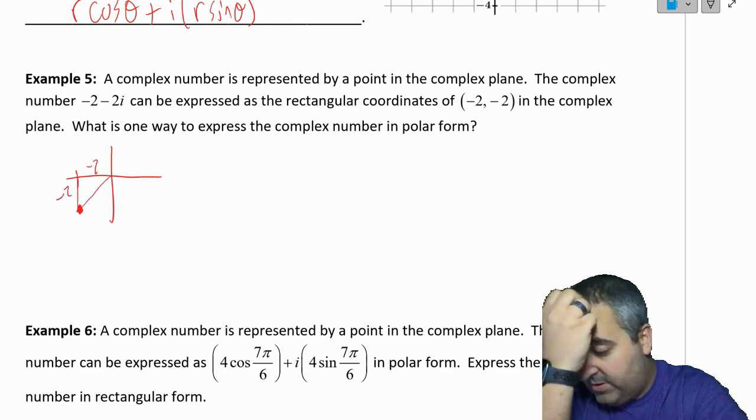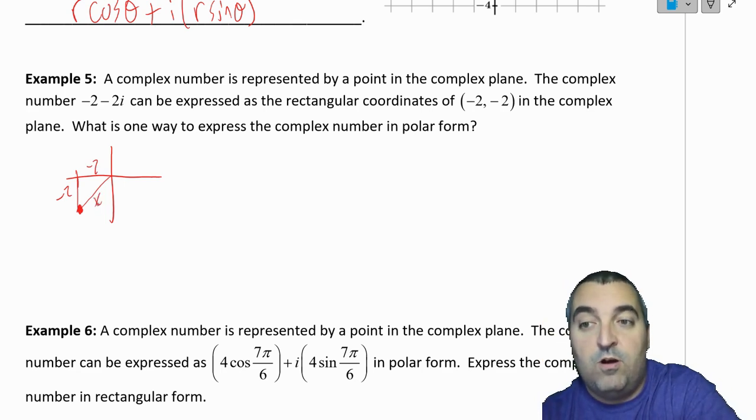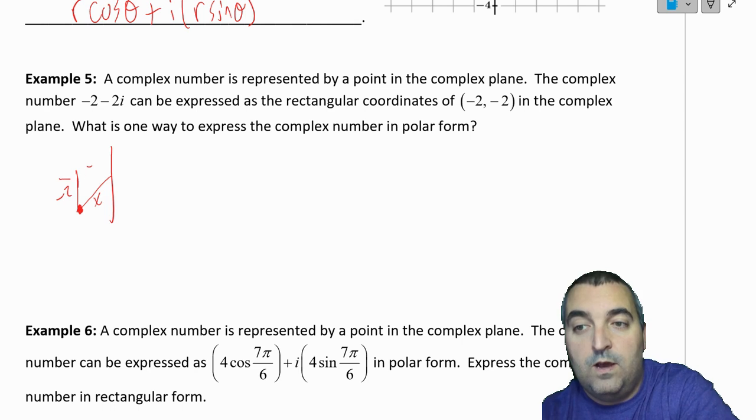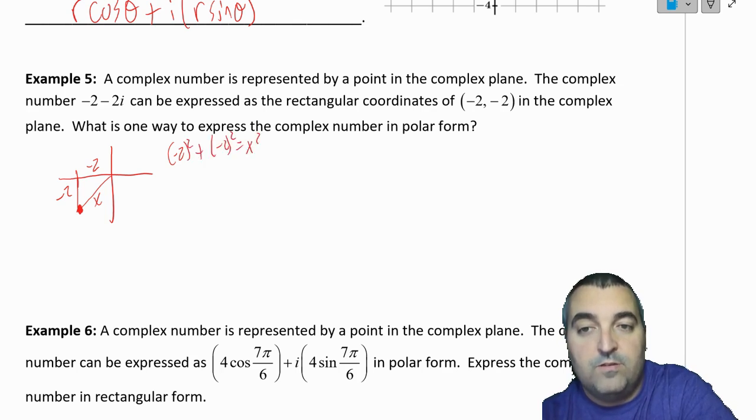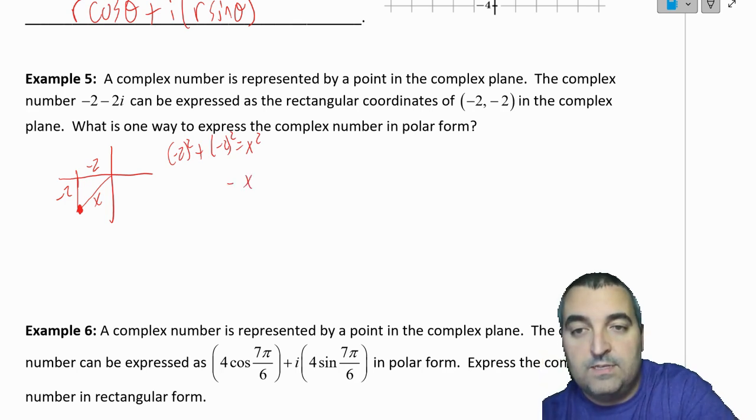We then need to figure out what this x value is because that's going to be our r. And you should be able to figure it out without doing the Pythagorean theorem, but if you weren't sure, you could throw the little Pythagorean theorem here, and you'd end up getting that x is 2 root 2.